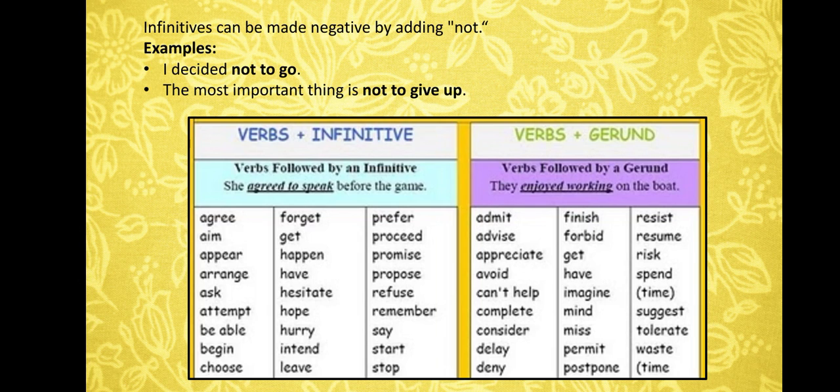In the same way, with gerund: they enjoyed working on the boat. So, how is it placed? These verbs can be added with an infinitive, to infinitive, or you can add these verbs with a gerund. It's up to you.